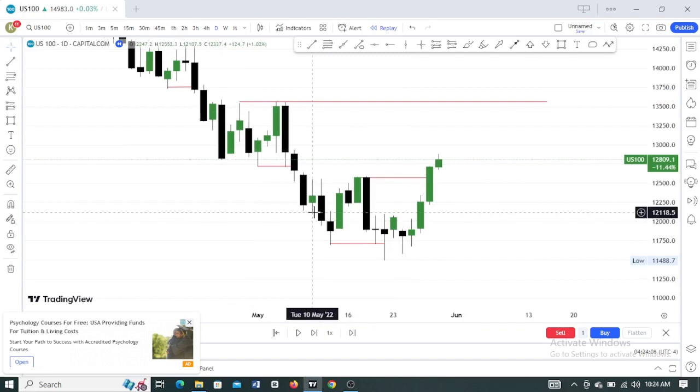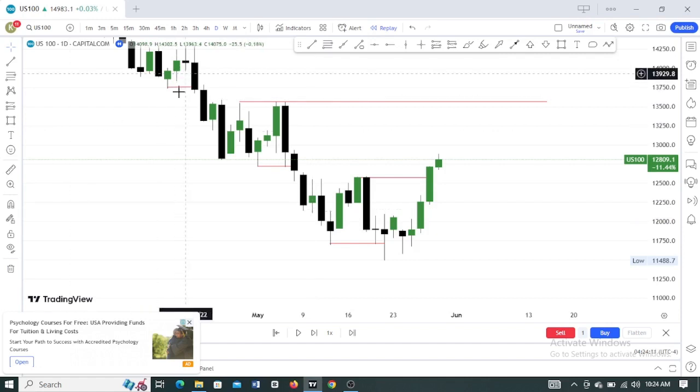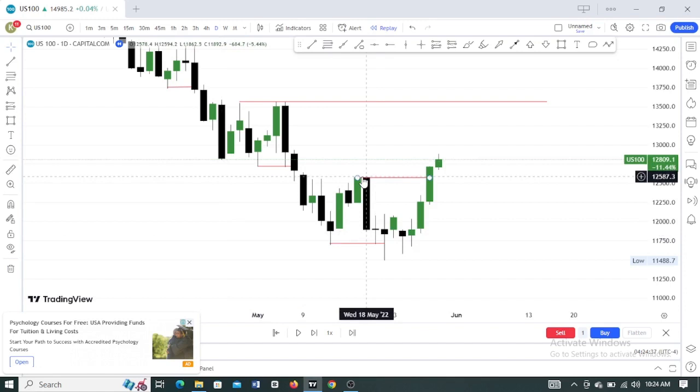Our market structure was to the downside because of this market structural shift from here. From this market structural shift to the downside, we have been experiencing the market making lower lows and breaking lower lows. So now it broke a lower low, and again it breaks a higher high. It breaks a swing high, telling us that the market might be ready to change direction.